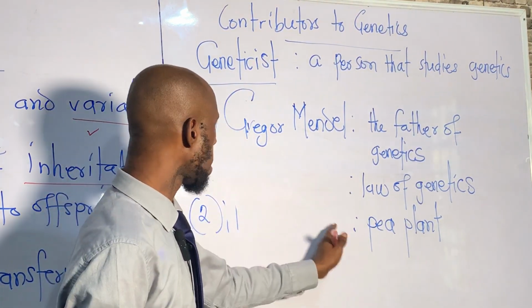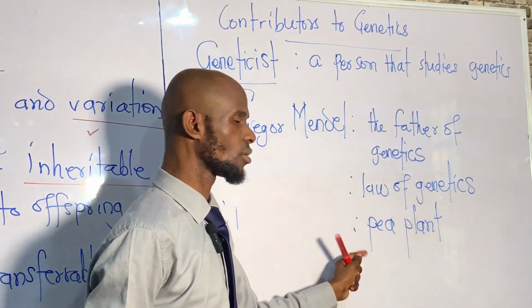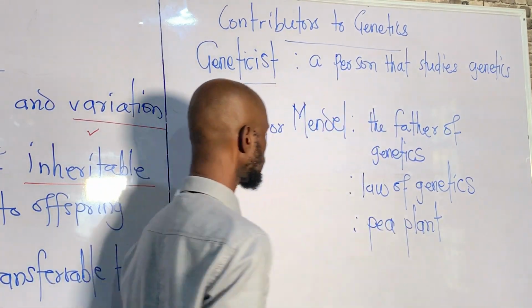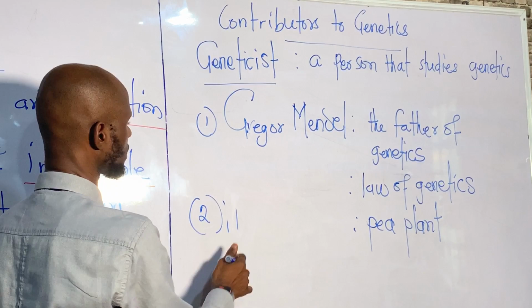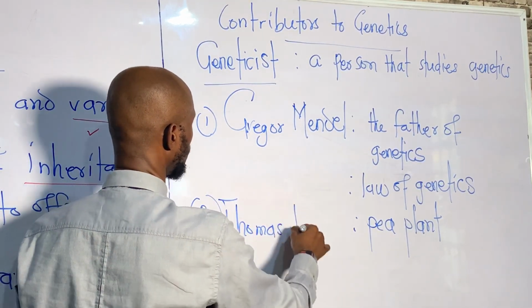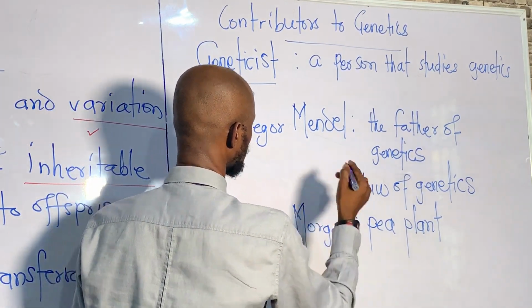So we need to know what kind of experiment Gregor Mendel carried out. He carried out the experiment using the pea plant. Now, the next scientist is called Thomas Morgan.